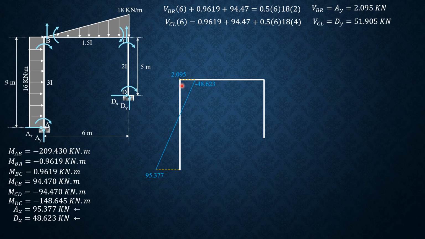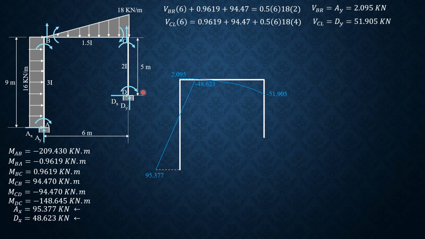So next we have 2.095, very small, then minus the loading, 1/2 of 6 times 18, you'll get here negative 51.905 kilonewtons.